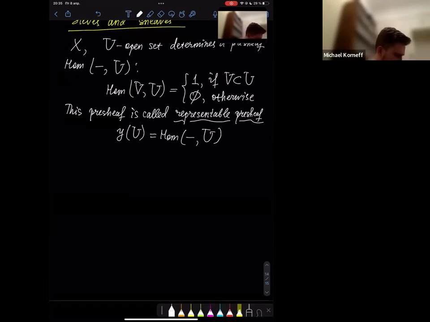Okay, and now we can give the sheaf definition.